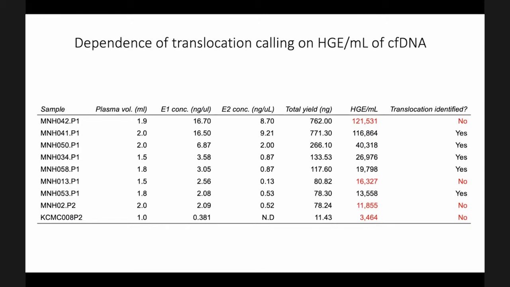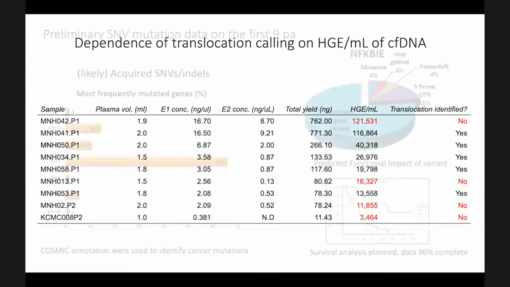And so we are currently further optimizing the translocation calling from these cell-free DNA samples. But as you see, we can see already in the majority of the samples with adequate human genome equivalents per milliliter that we can call the translocation well.